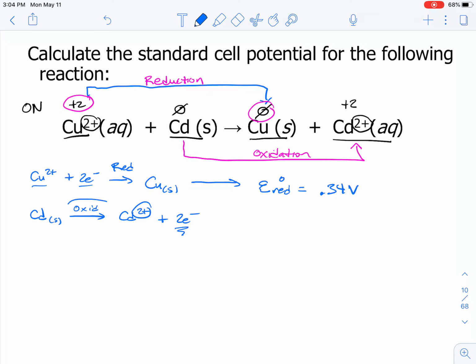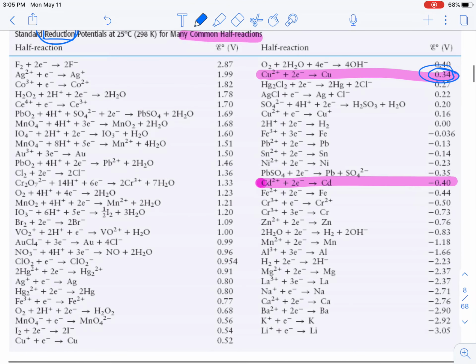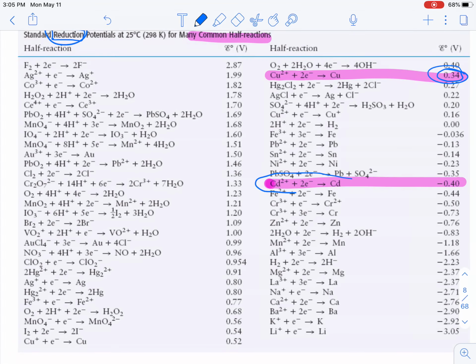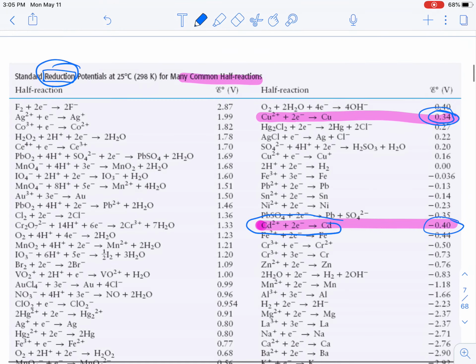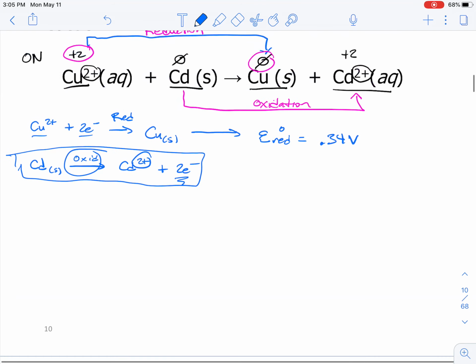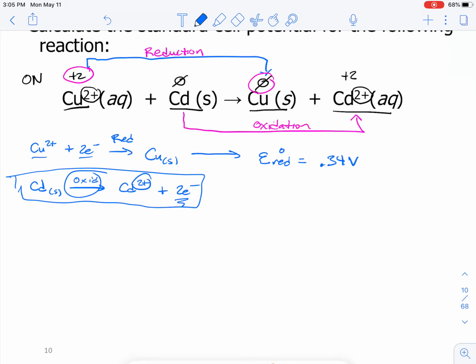Now, since cadmium is undergoing oxidation, this half reaction that I wrote is not going to match exactly what we see here because this is describing it as a reduction, not oxidation. So for now, I'm just going to keep this number, negative 0.40. So the standard reduction potential is negative 0.40 volts.